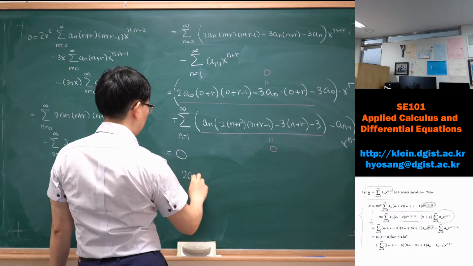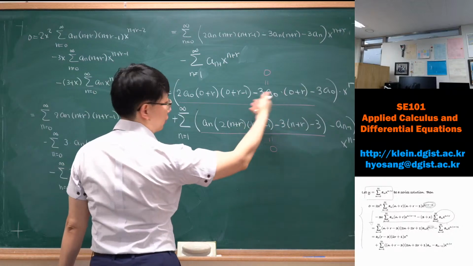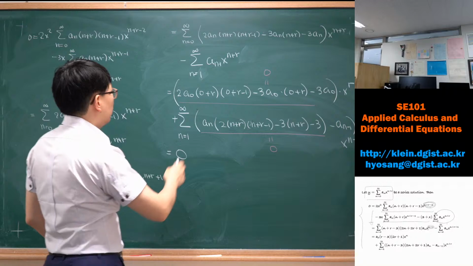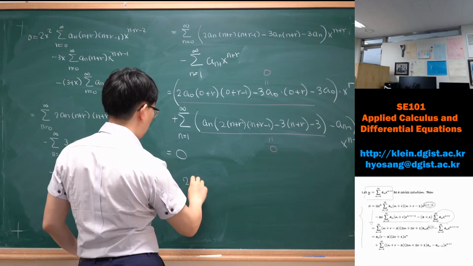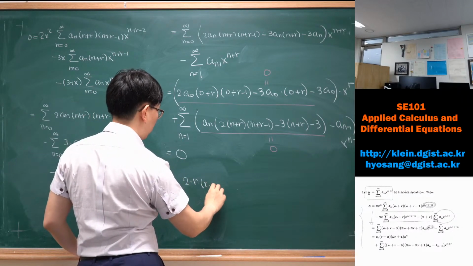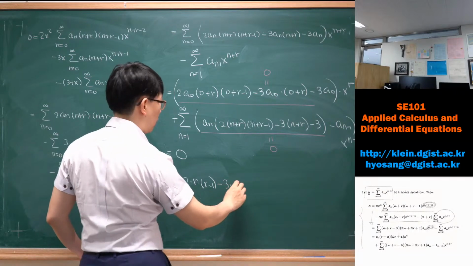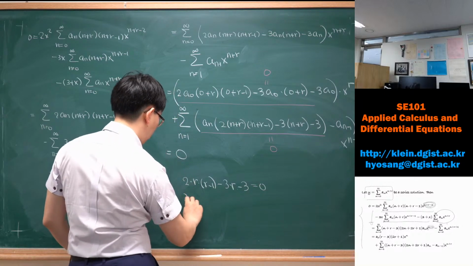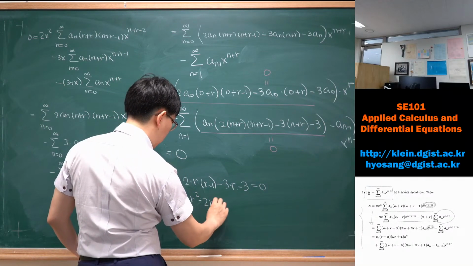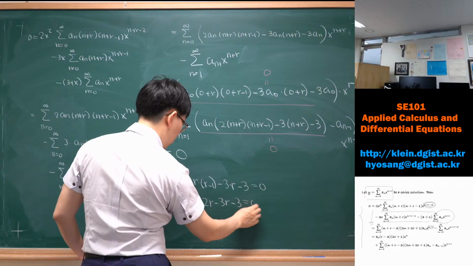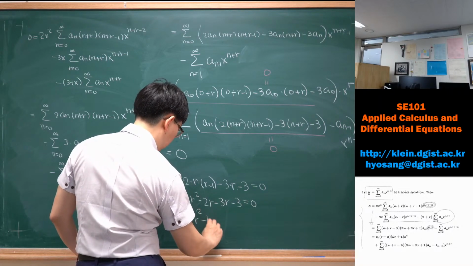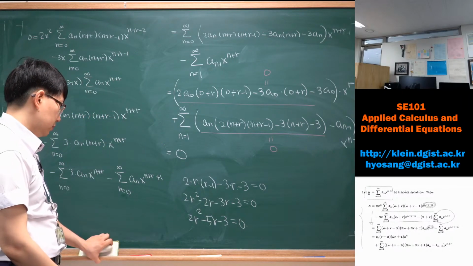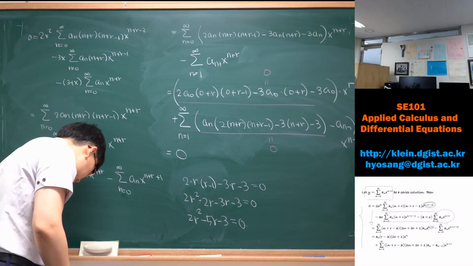So we have 2a0. We have a0 everywhere, so a0 can be taken out, right? So 2 times r times r minus 1, minus 3 times r, minus 3 must be 0. So this is 2r squared minus 2r minus 3r minus 3, and this is 2r squared minus 5r minus 3. Is it right?